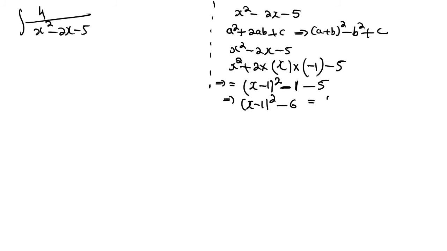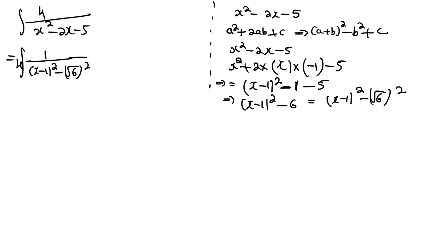You can rewrite it as x minus 1 whole square minus root 6 square. So substitute here, keeping 4 outside, 1 by integration of x minus 1 whole square minus root 6 whole square dx.